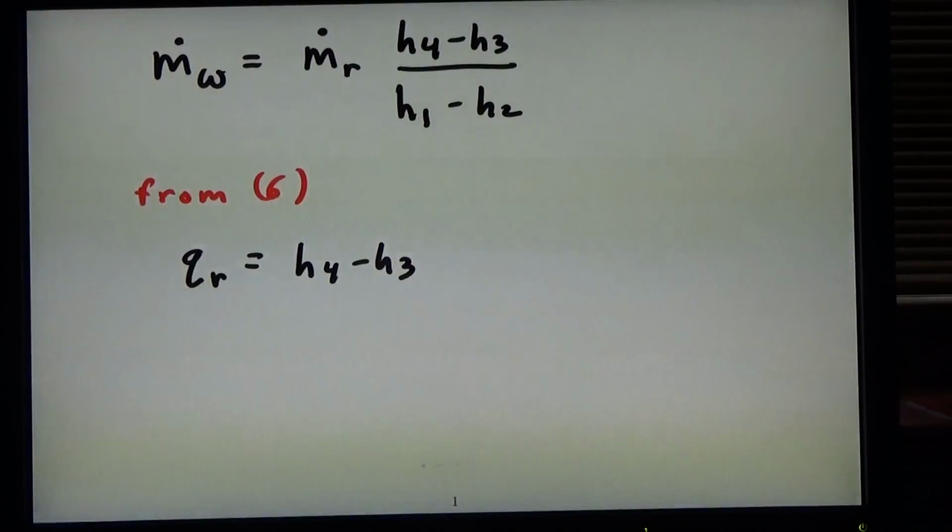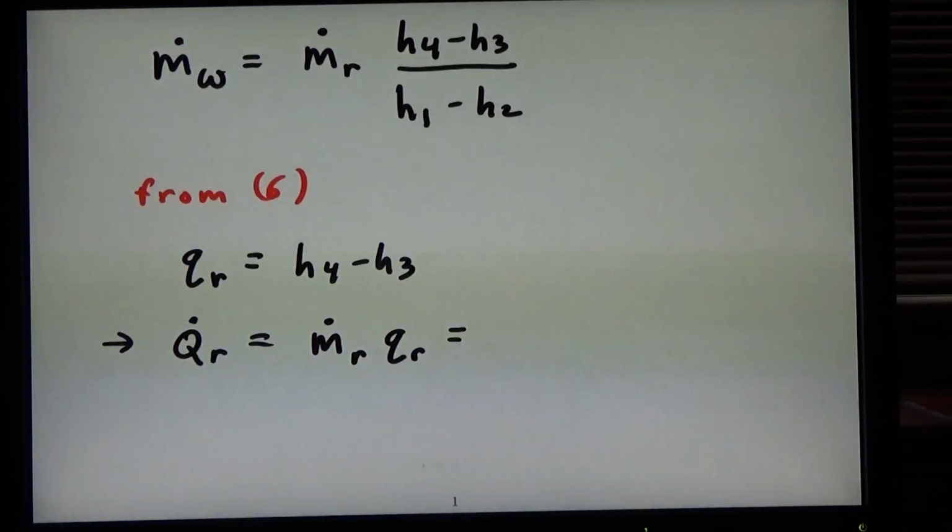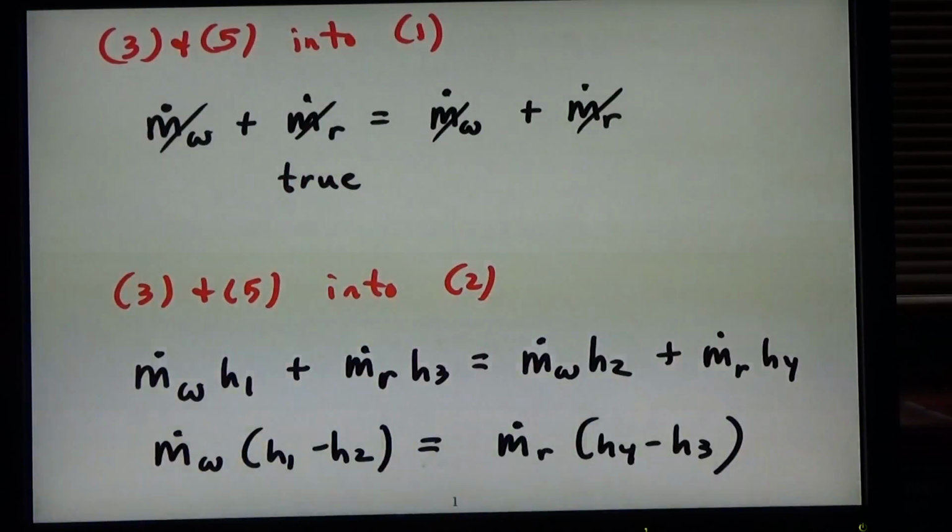And since the refrigerant itself in the shell is a single stream system, we can find its heat transfer rate as its mass flow rate times its heat transfer per unit mass. So this would be m dot r times H4 minus H3. And that turns out to be what is on this side of the equation, right? This is the heat transfer from the refrigerant.